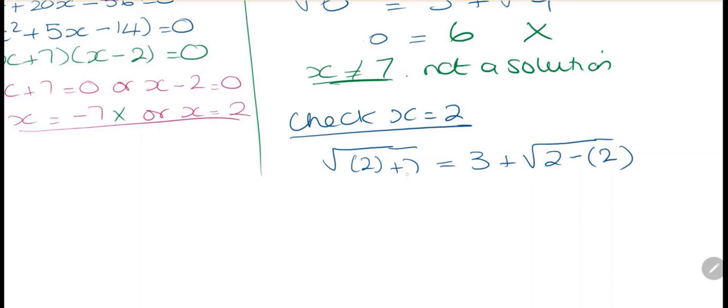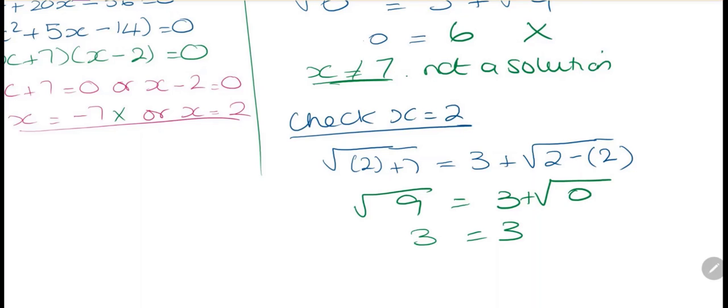So we've got root 9 is equal to 3, and this is plus 0. So 3 is equal to 3 is correct. So x equals 2 is a valid solution.